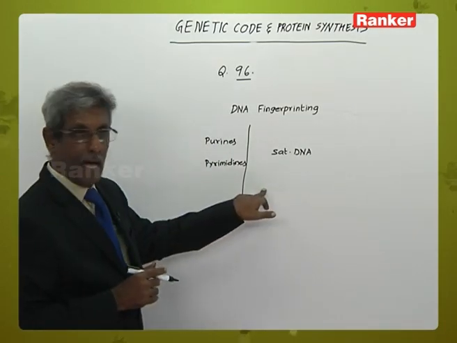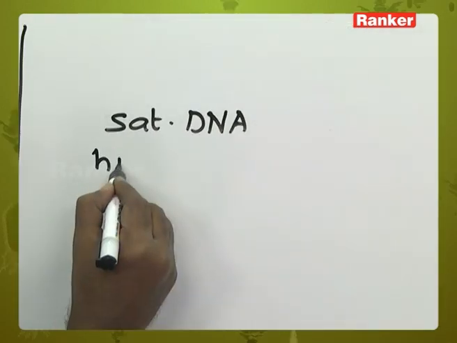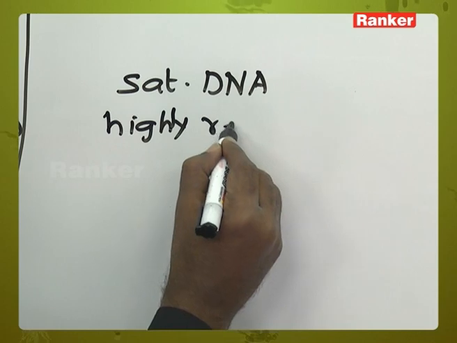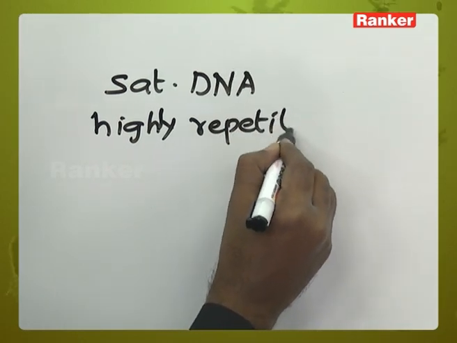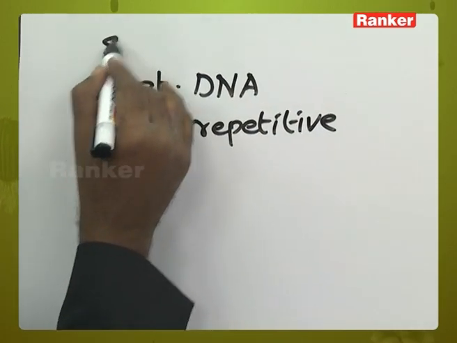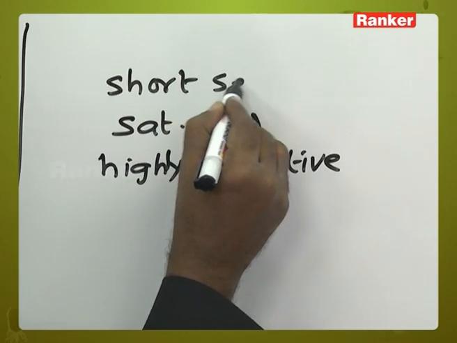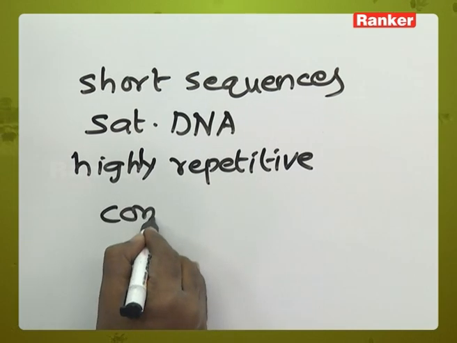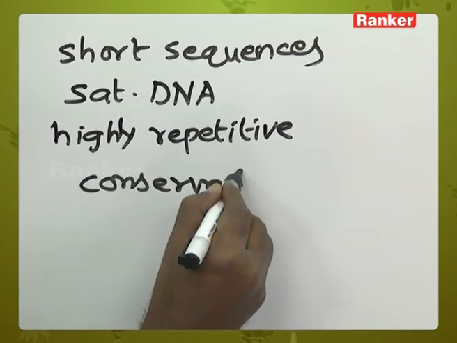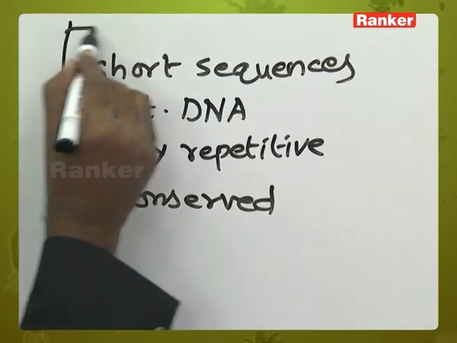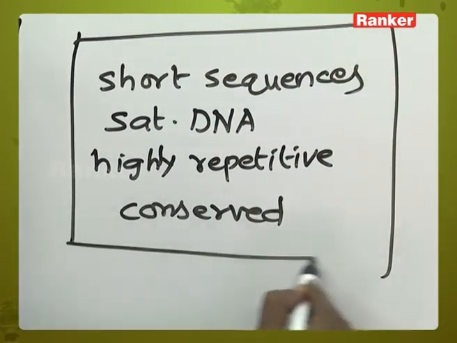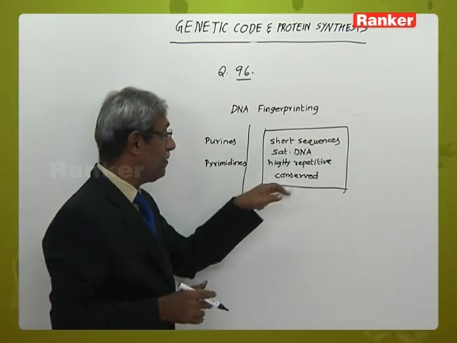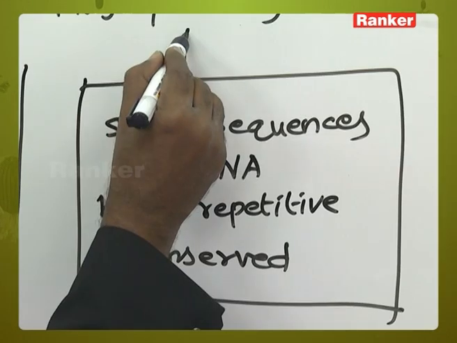The SAT DNA occurs as highly repetitive, short sequences which are conserved. The highly repetitive short sequences which are conserved are the basis for DNA fingerprinting.